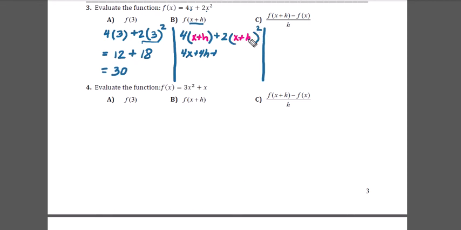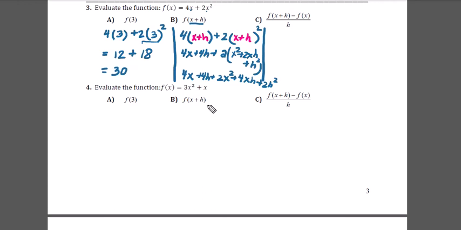So that's x squared plus 2xh plus h squared. But then you're going to have to take this 2 and distribute it to all of that. So this is going to end up having a 2x squared plus 4xh plus 2h squared, and then you have this part here, a 4x plus a 4h.